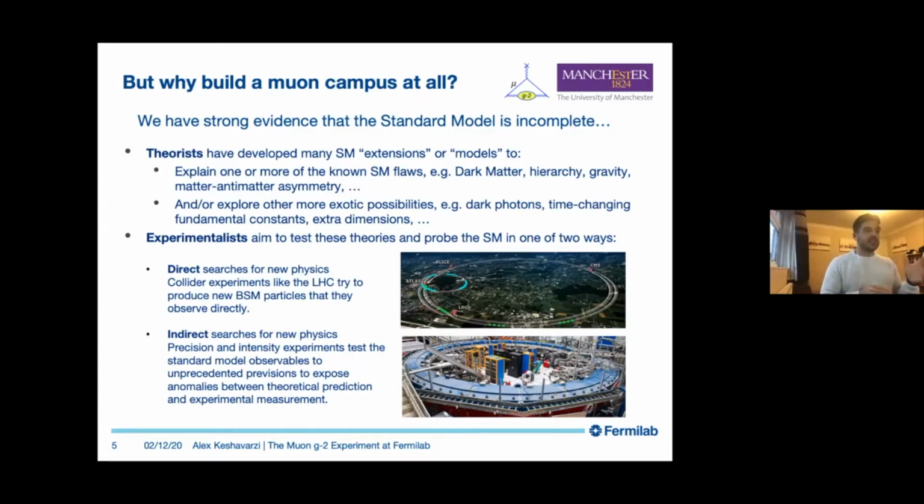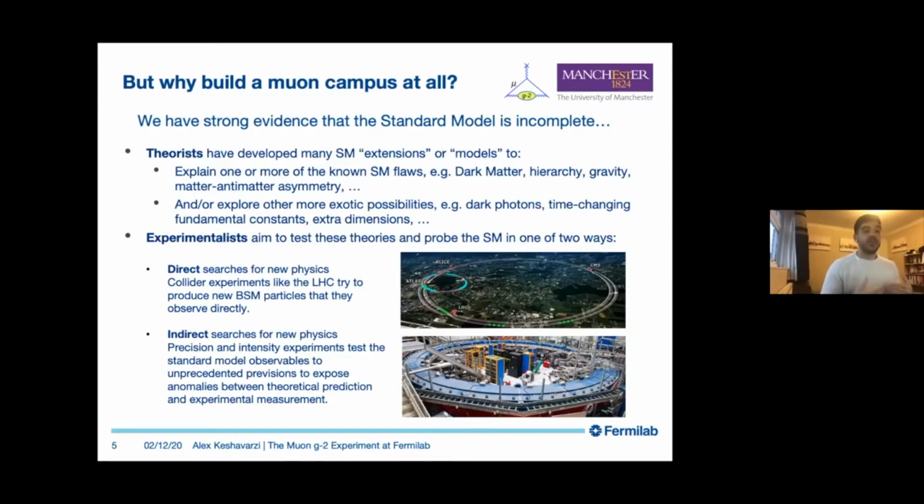And so these are the two approaches to experimental particle physics. You have direct searches for new physics, which are like the collider experiments like the LHC. And at the moment, now the Higgs has been discovered, they're doing the best they can to try and produce supersymmetric particles or anything of the like that they will observe directly as a signal against their background.